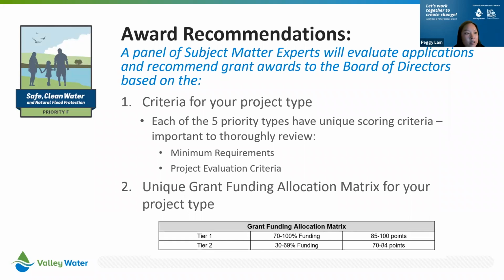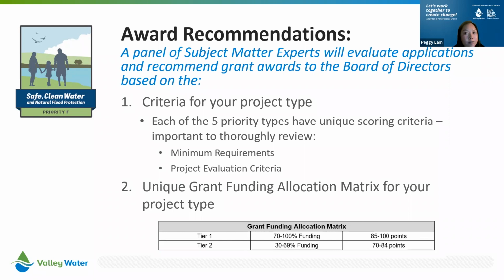Take a look at the scoring criteria. It's all there. But yeah, you want to review the minimum requirements and the project evaluation criteria. The evaluation panel will use the grant funding allocation matrix for the project type.